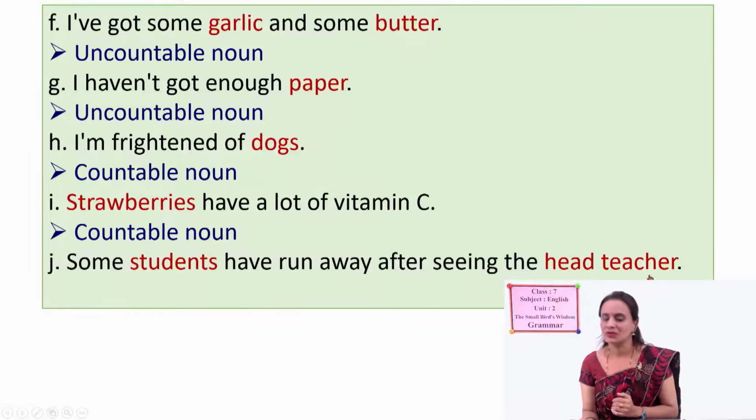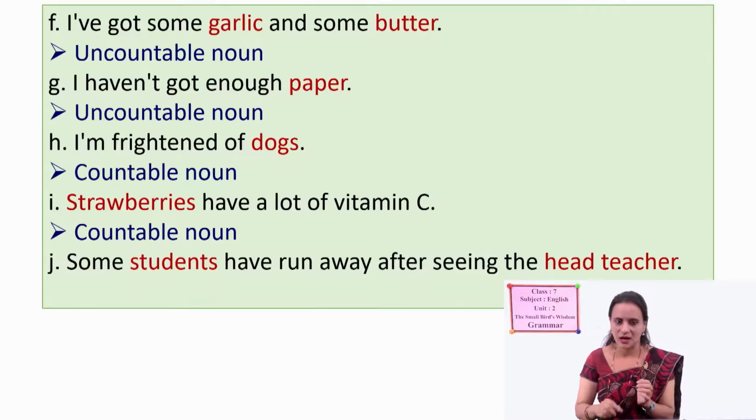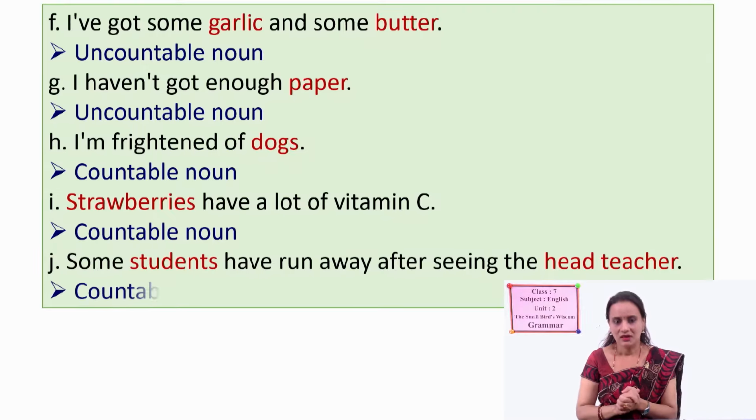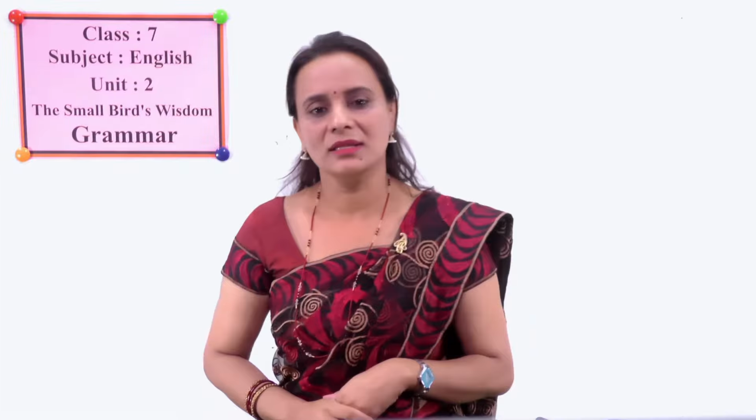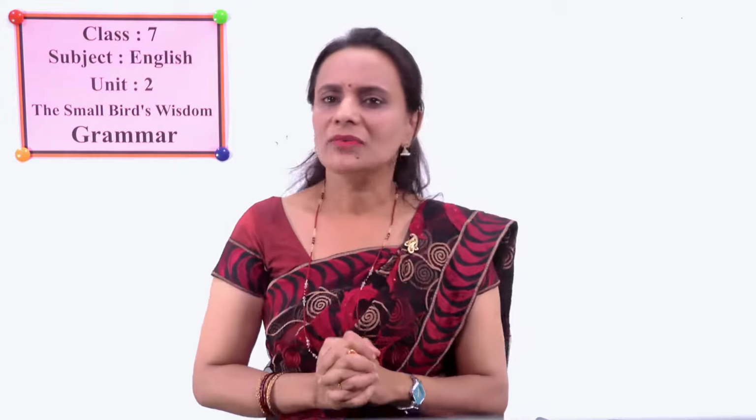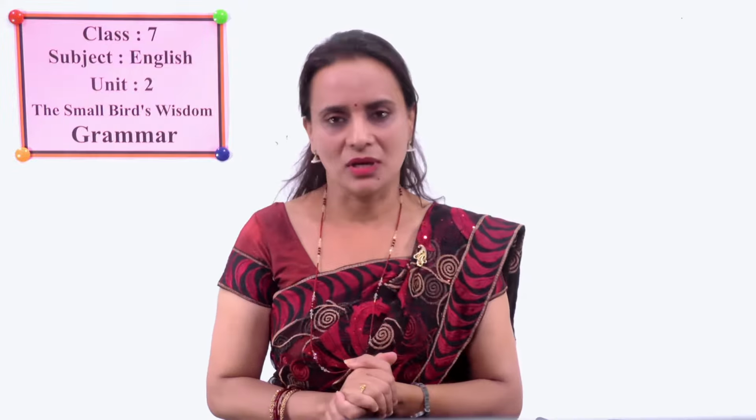Students and head teacher. Okay, we have two nouns here. Are they countable nouns or uncountable nouns? Students, can you count? We did in the example just earlier. And head teacher also, you can count it. So, they are what? Countable nouns.